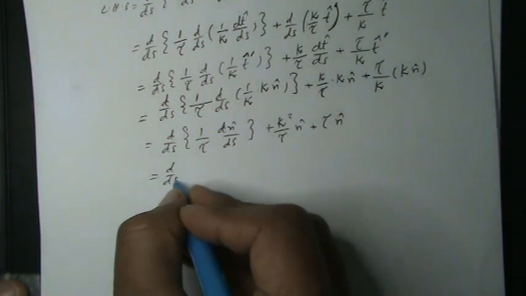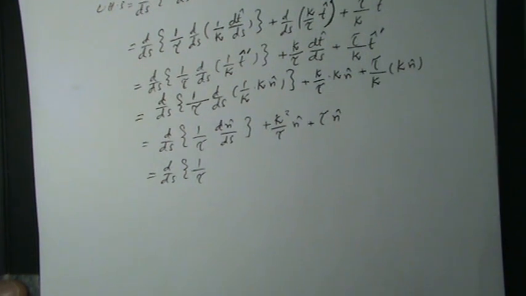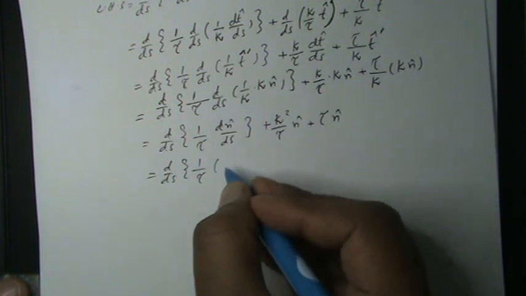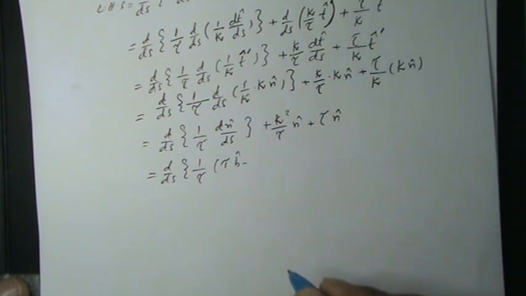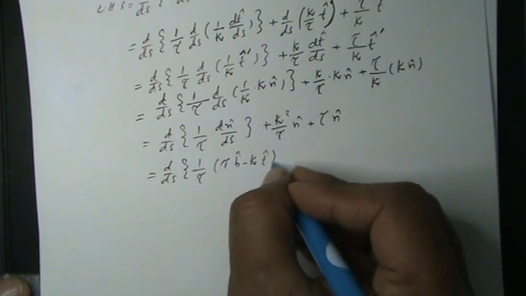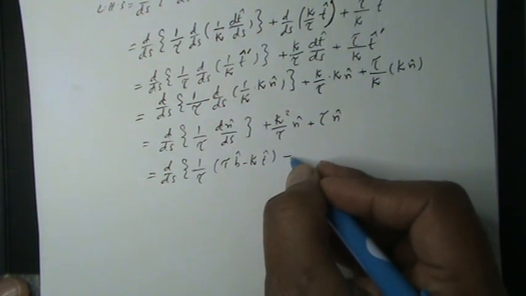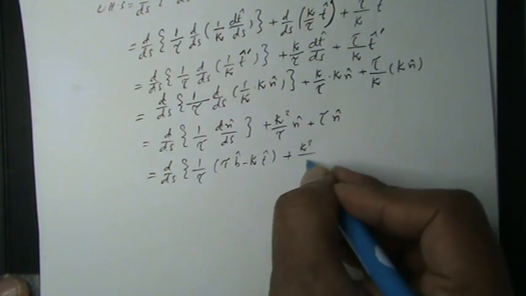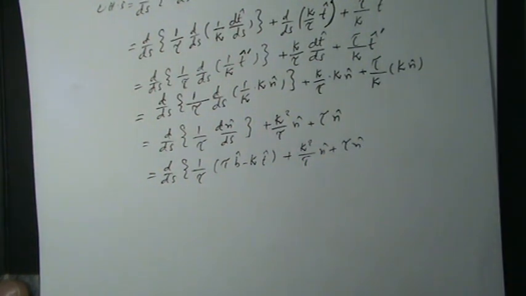This is equal to d by ds 1 over tau, again using Serret-Frenet formula number 3, dn over ds, this is equal to tau b unit vector minus kappa t unit vector, plus kappa square over tau n unit vector plus tau n unit vector.